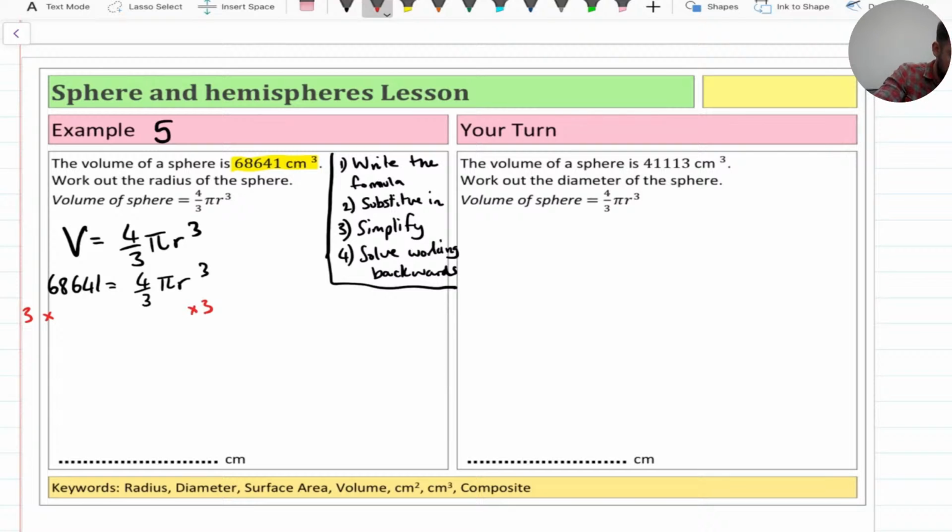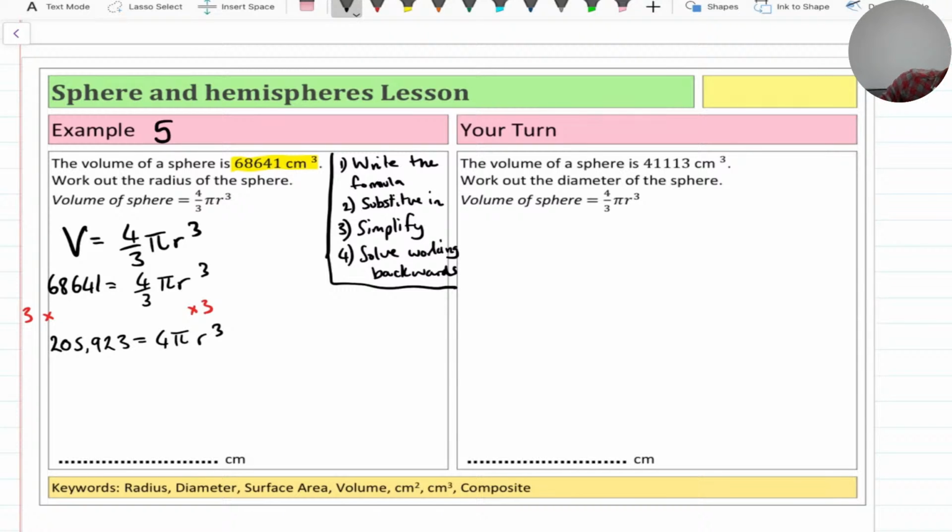So 68,641 times by 3 gives me 205,923, which is equal to 4 pi r cubed.